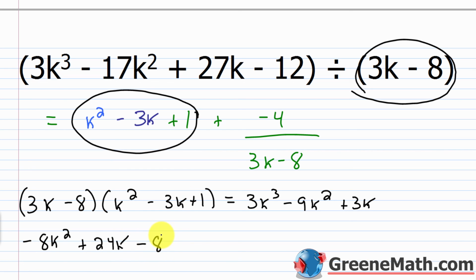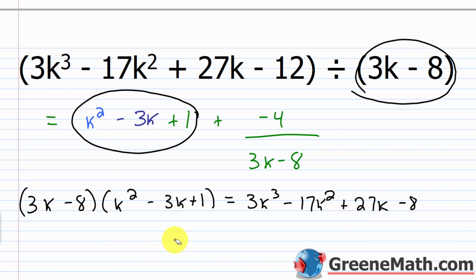So combining like terms here, negative 9k squared minus 8k squared would be negative 17k squared. Then 3k plus 24k is 27k. And then I have that minus 8 there.